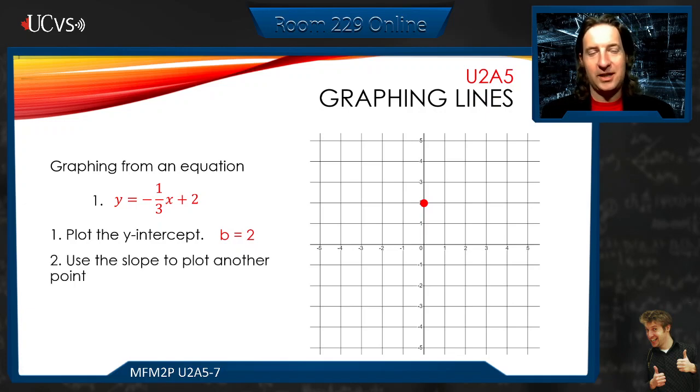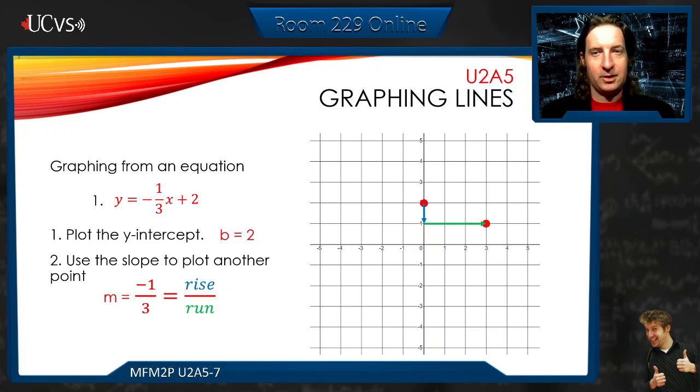The next thing is we take our slope and use it with that y-intercept to come up with another point. Because my slope is negative a third, I have to rise negative 1, or go down 1, and run to the right 3. So starting at my point, I go down 1 and over 3 and put a new dot.